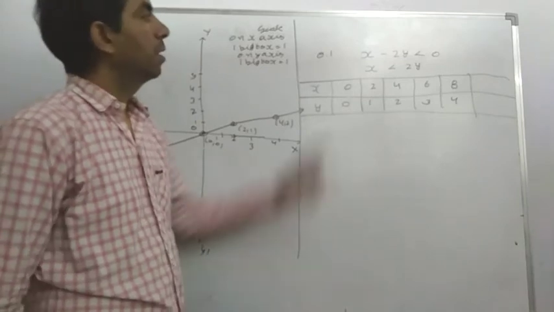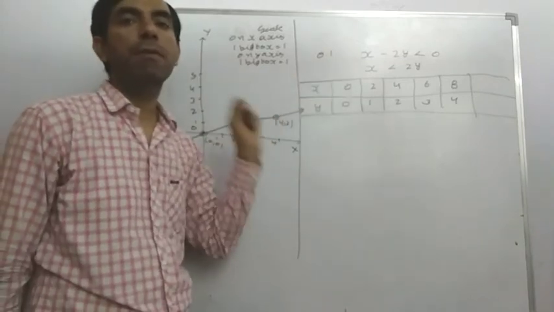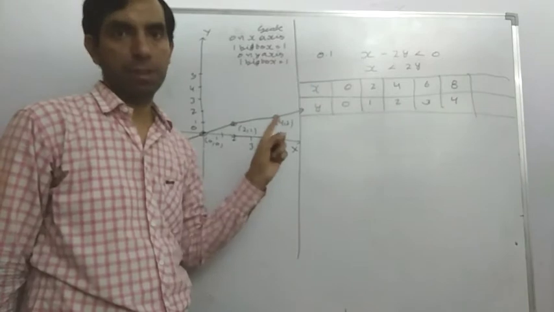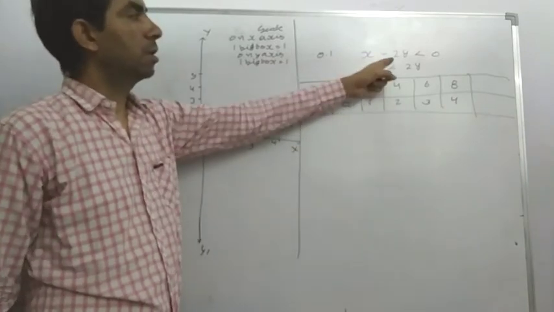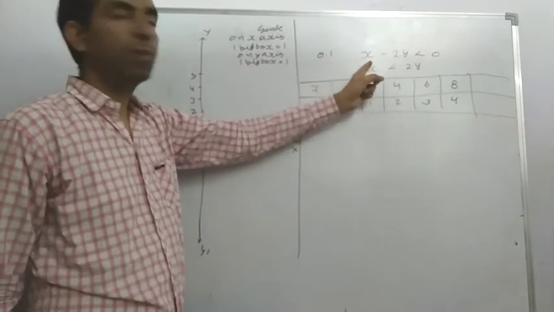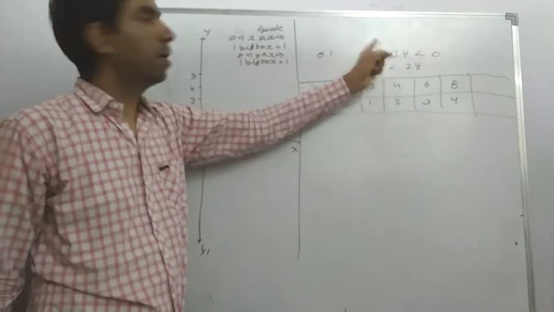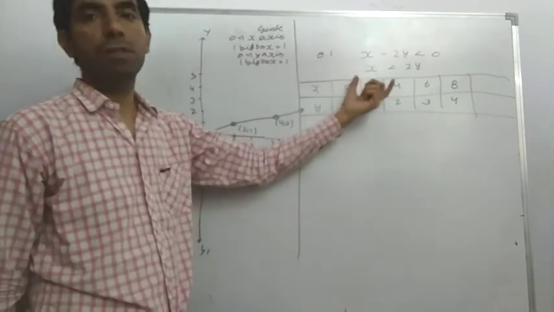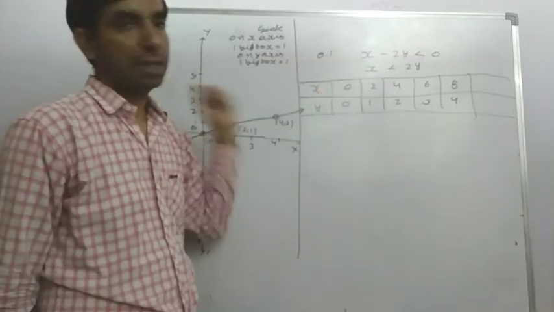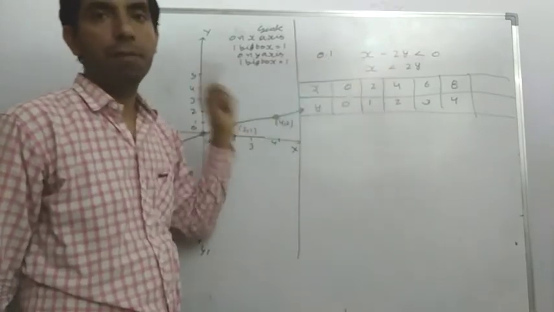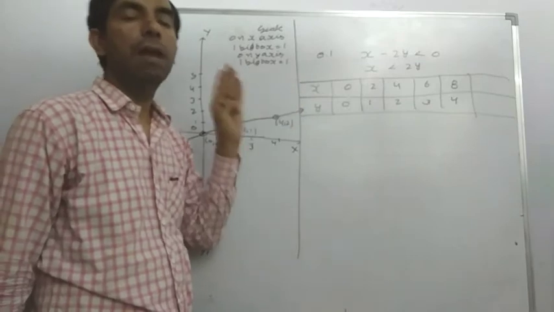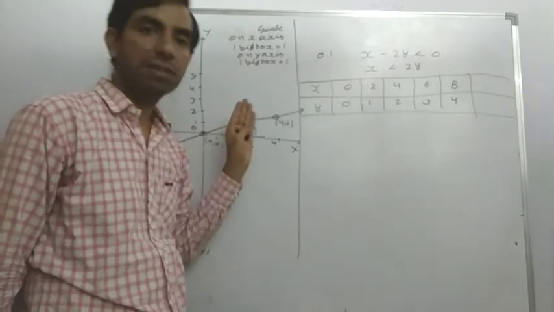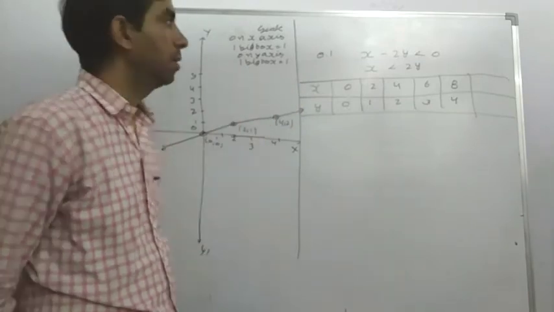Now we check. We take both alphabets with a positive sign by transferring. Here at the start, x is positive but y is negative. After transfer, both are positive. First we make both positive. Now check: x is less than, which means the side of the line where x is less, we shade that part.